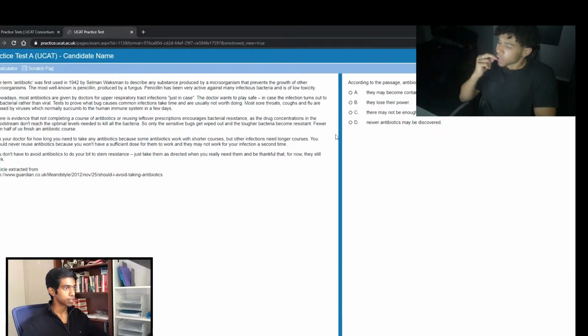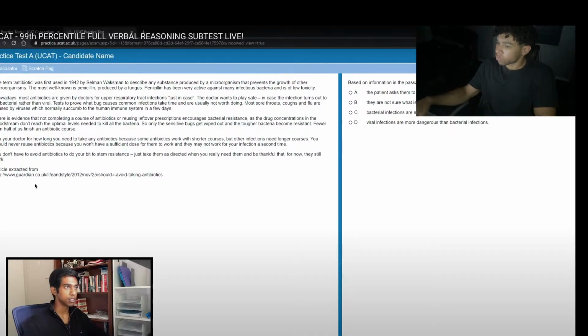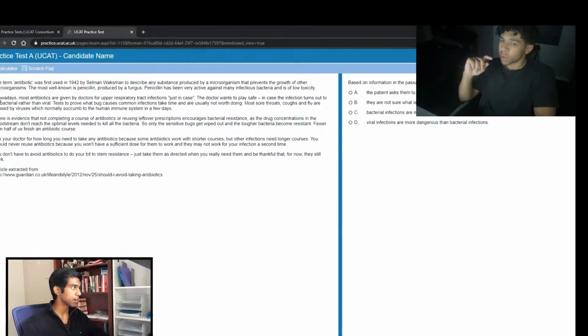They may not work on your infection a second time, and they may become contaminated and you won't know. Based on the information in the passage, doctors often prescribe antibiotics because I saw this in the second paragraph. I think it's B, just in case, the doctor wants to play safe. Nothing about C or D, not A.